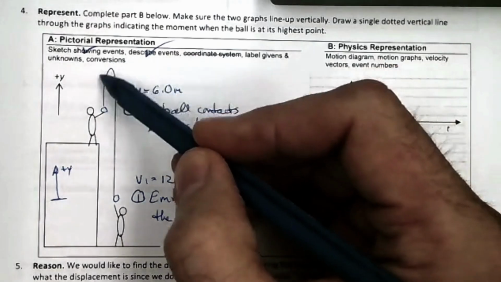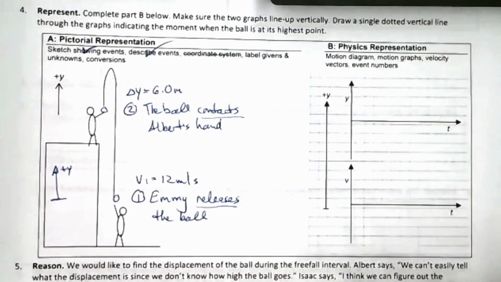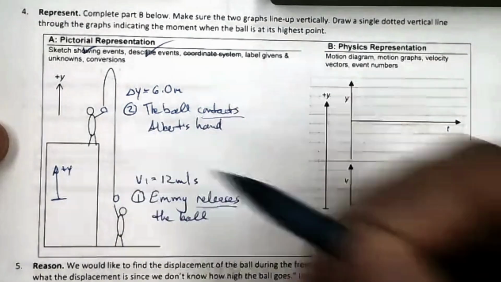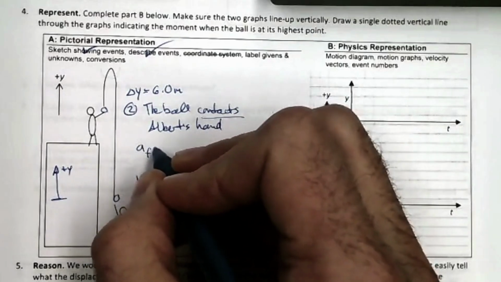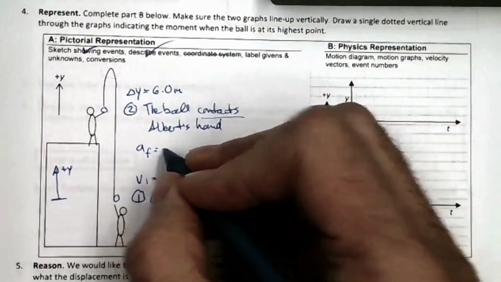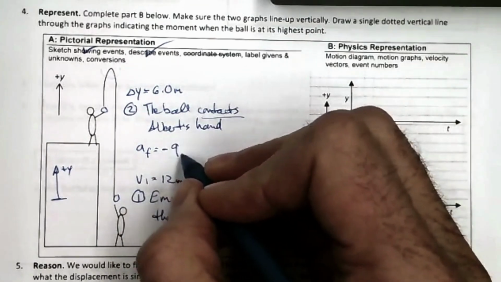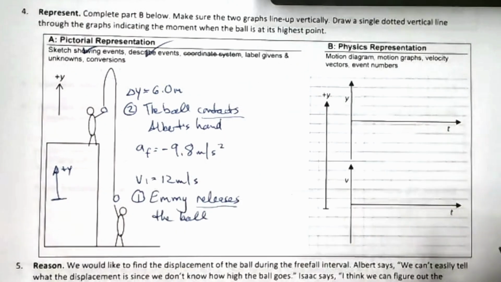Even if an object turns around, if the velocity changes direction, we can still use the big five as long as the acceleration is constant for the entire interval. Now, between this interval of time, the ball is accelerating. It has its free fall acceleration. We've called upwards the positive y direction, and so the free fall acceleration is going to be downwards in the negative y direction, negative 9.8 meters per second squared.